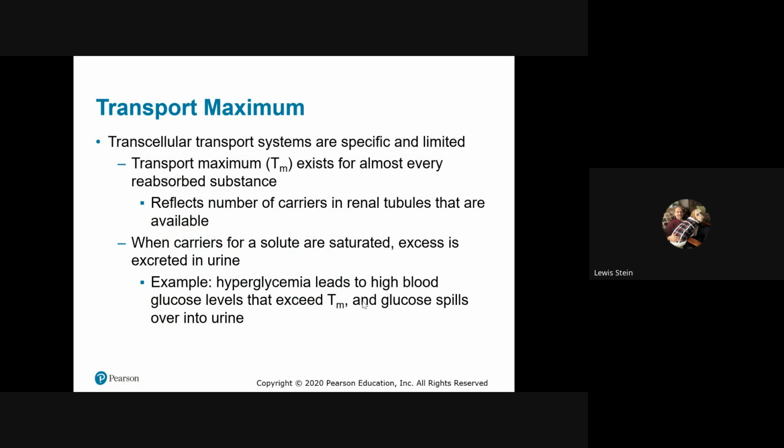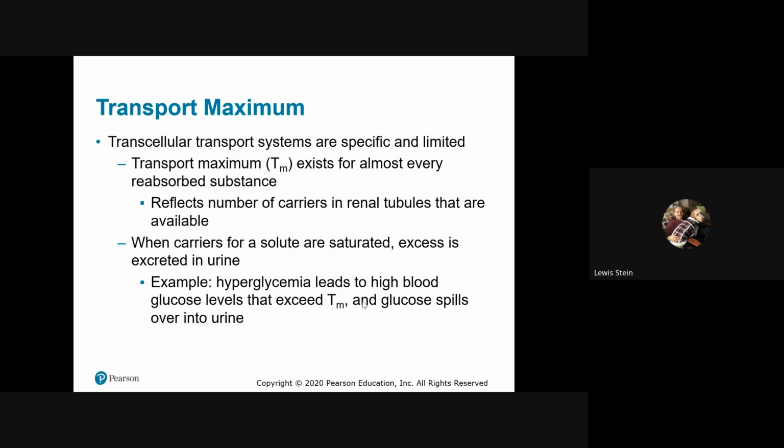It happens normally at about 180 milligrams percent. That's a high number. We want to keep diabetics under, even with difficulty, 150 or lower these days. Because once it gets to that number, now you're reaching what we call the transport maximum. Not only is sugar spilling out into the urine and pulling water along with it, it's creating a variety of other problems associated with diabetes effectively out of control.